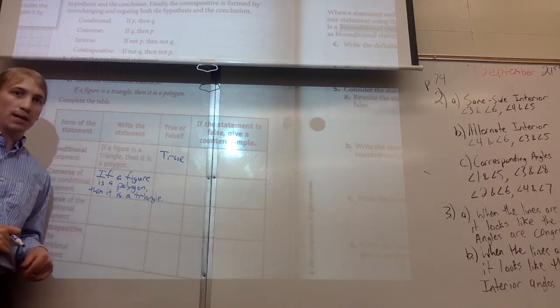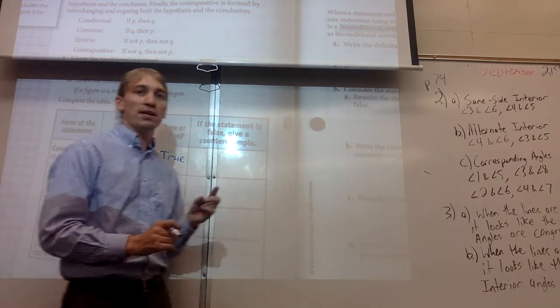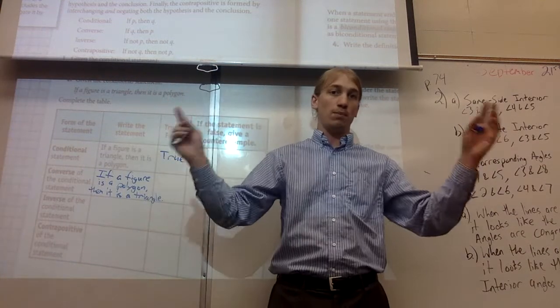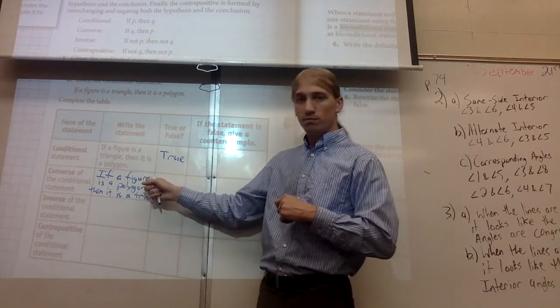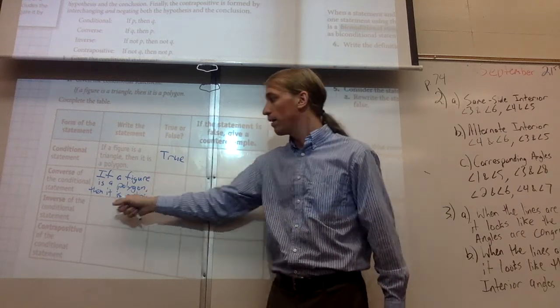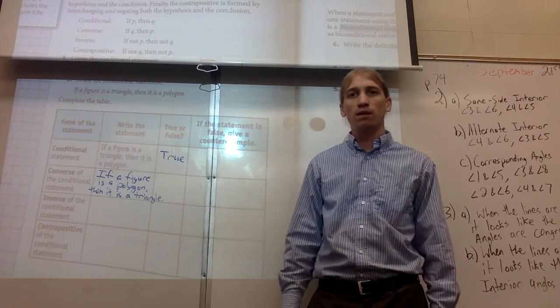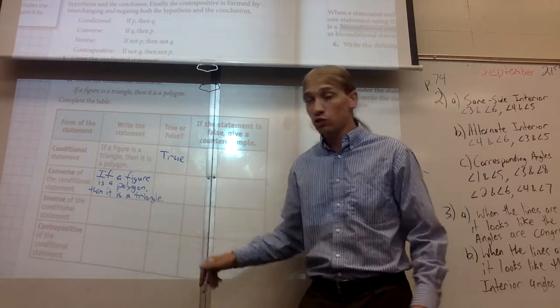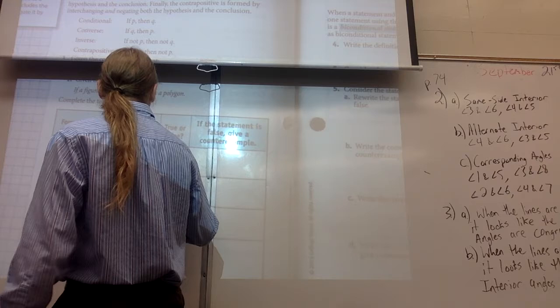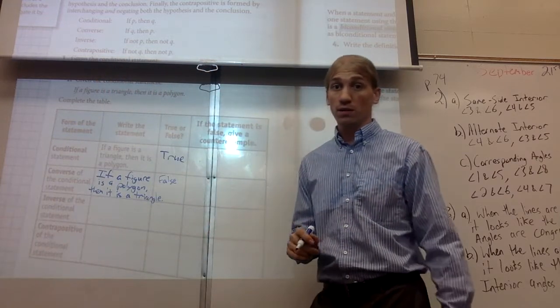And let's stop and think about this statement. If a figure is a polygon, if a figure is some shape, we don't know what shape, but a figure is known to be a polygon, some shape, then it is a triangle. Well, just because it's some shape does not mean it's a triangle, so this statement is going to be false.